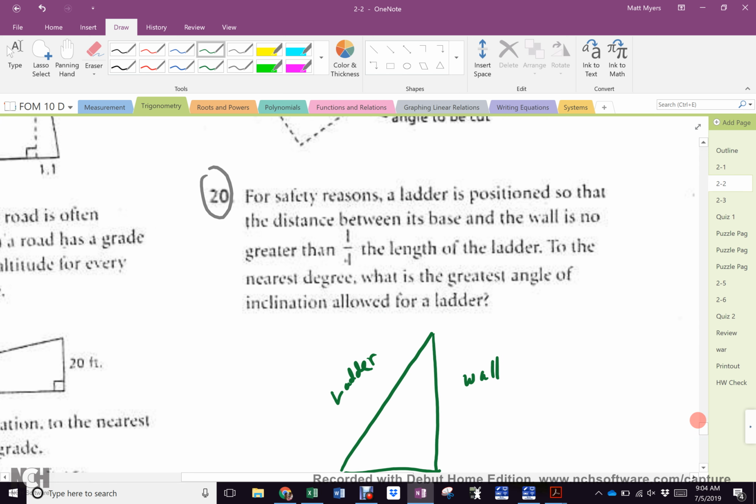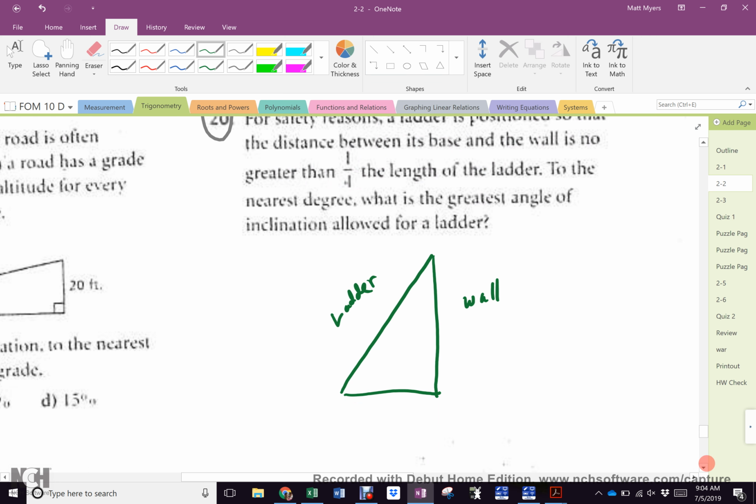Well, the distance between the base and the wall is no greater than 1/4 of the length of the ladder. So it would be smart if I use numbers that I could divide by 4, right? So if I say this ladder is 8, what would this be? 2. So now I can check.